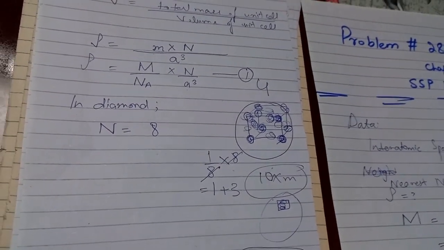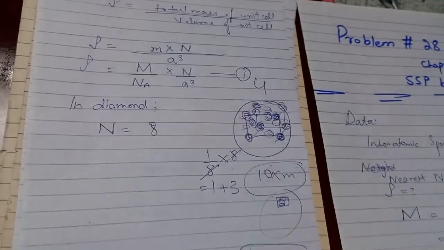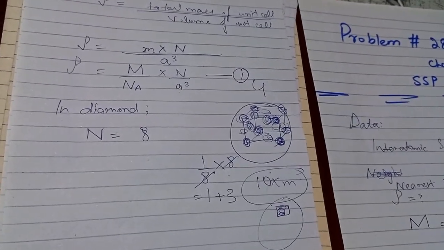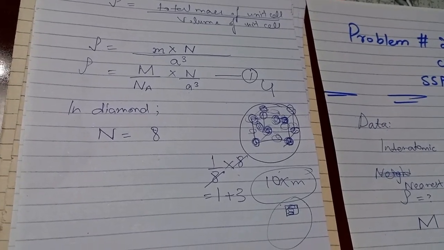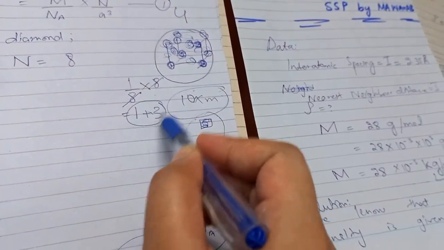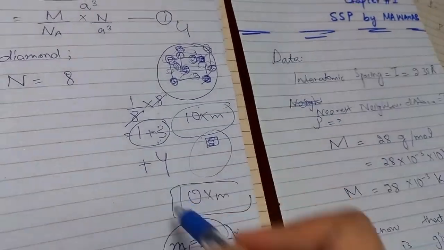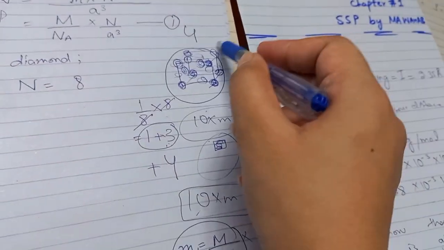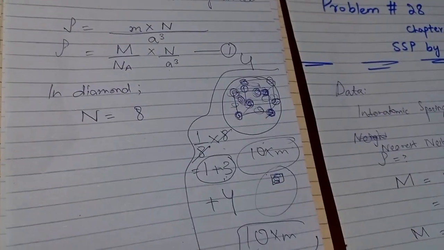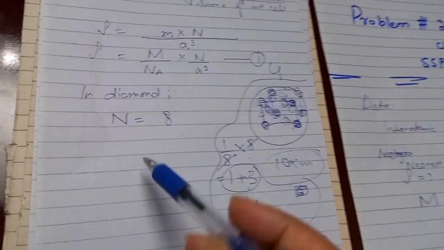That is what makes it different from the normal FCC cube. There are additional 4 atoms inside the unit cell. So besides these cubic-type atoms, we have 4 additional atoms, which makes a total of 8. This is related to understanding the crystal structure of diamond, so you should remember it.